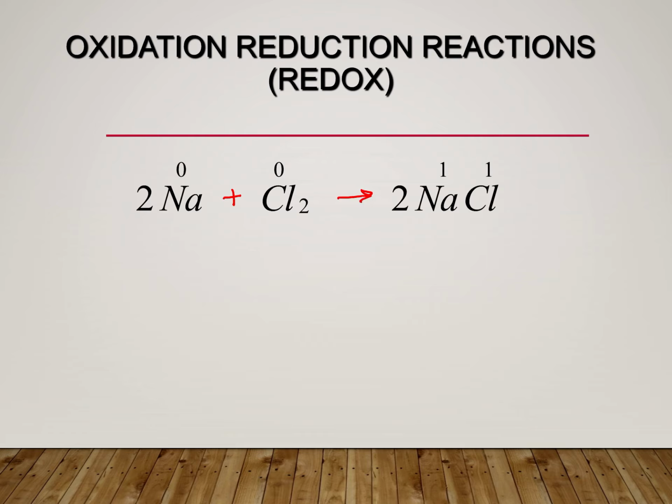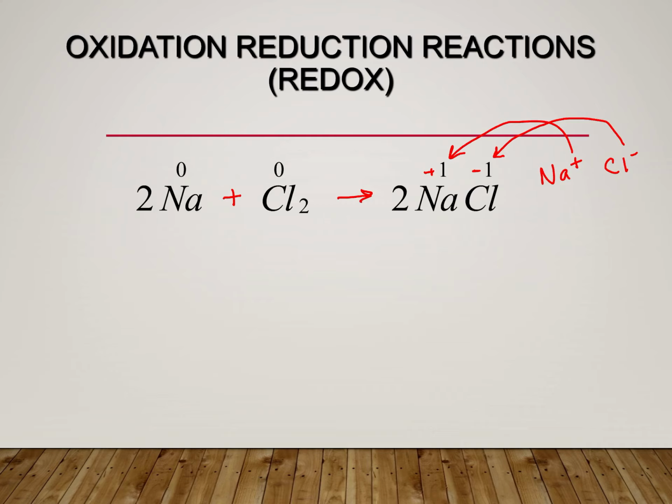In the compound here, sodium is going to be a +1 and chlorine is a -1, because this is an ionic compound, a nonmetal bonded to a metal. We can break this apart into its ions, Na+ and Cl-. And so sodium's a 1+, so it gets a +1, chlorine's a 1-, so it gets a -1.